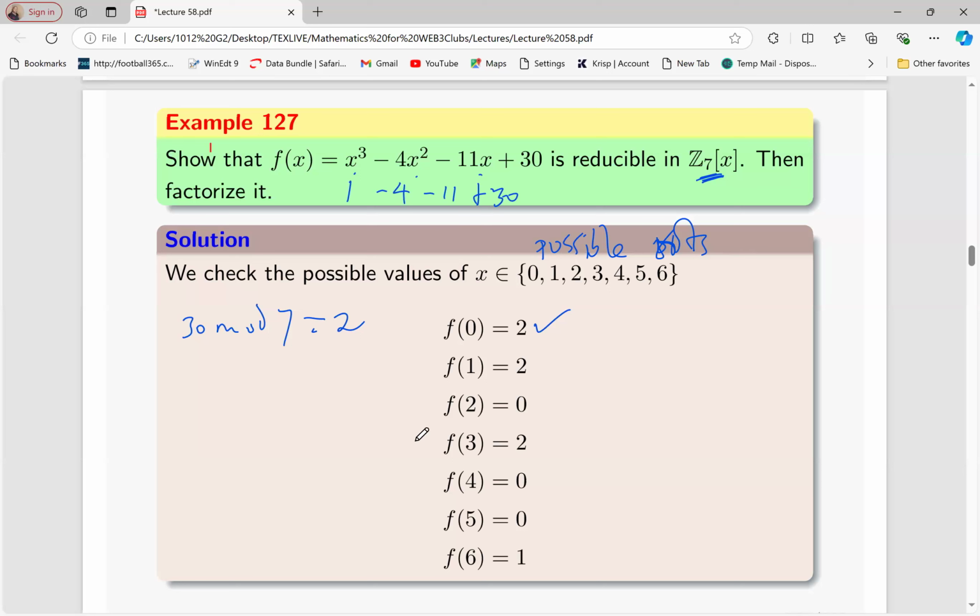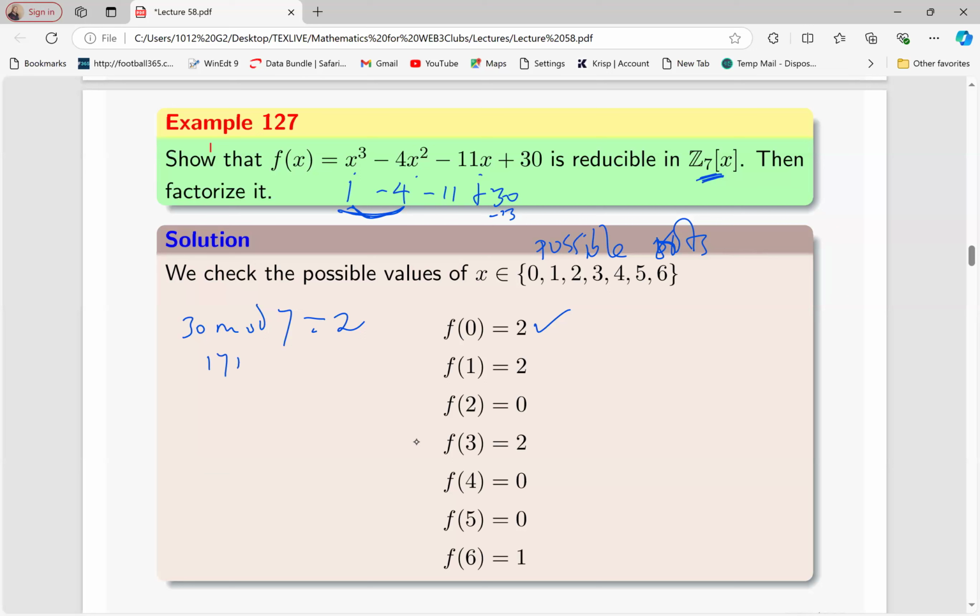And so what is this? This would be negative 3. Negative 3 minus 11, that is negative 13. Negative 13 plus 30 gives you 17.